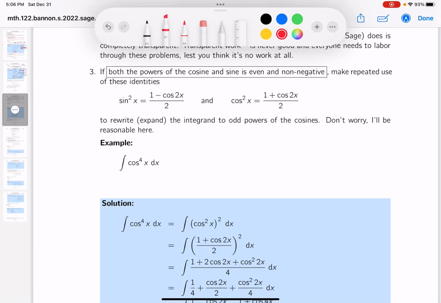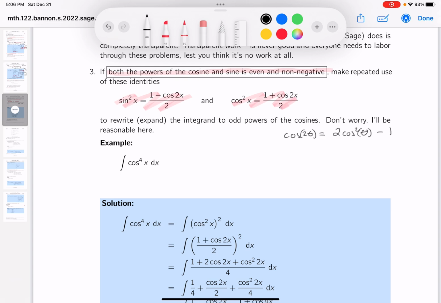Okay, it goes on to say if both the powers of the cosine and sine are even and non-negative, do this instead. Now these are formulas that you probably should retain from Math 120. So let me just review that with you. You should know the cosine of 2 theta can be written as 2 cosine squared theta minus 1.